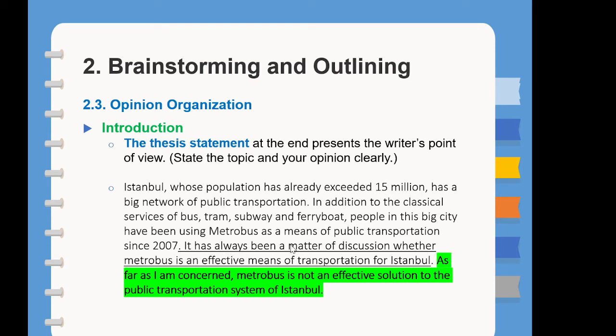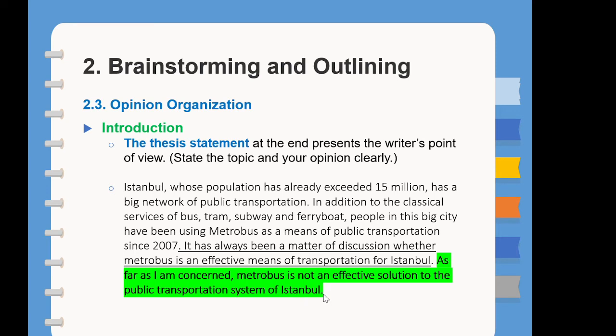It has always been a matter of discussion whether metrobus is an effective means of transportation for Istanbul. This is the counterpart. And then what I highlighted here is the thesis statement. As far as I'm concerned, metrobus is not an effective solution to the public transportation system of Istanbul.